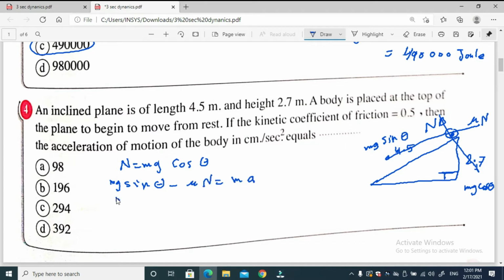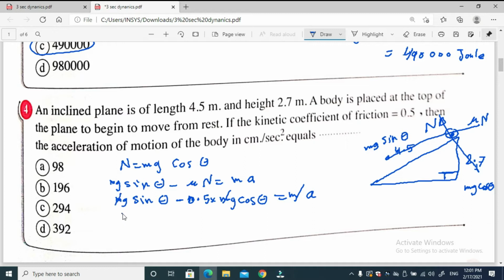mg sin theta minus mu, which is 0.5, times N, mg cosine theta, equals ma, divided by m.